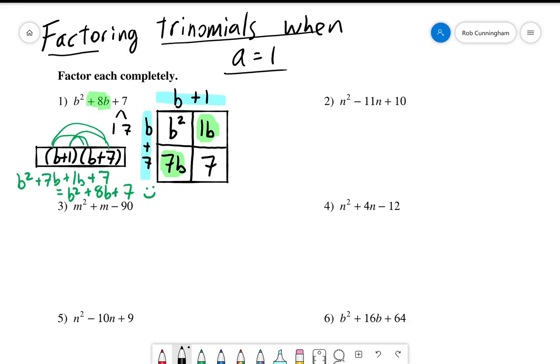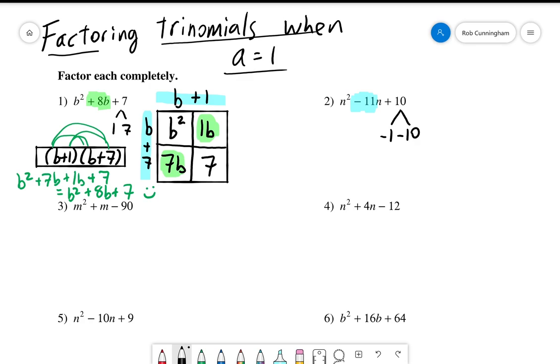Alright, problem number 2. Now, skipping the diagram, but continuing to use the same technique. I need 2 numbers that multiply to make 10 and add to make negative 11. Well, 10 is 1 times 10, and if I make both of those negative, negative 1 times negative 10 is positive 10, and negative 1 plus negative 10 is indeed negative 11.